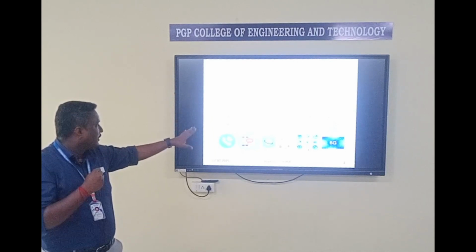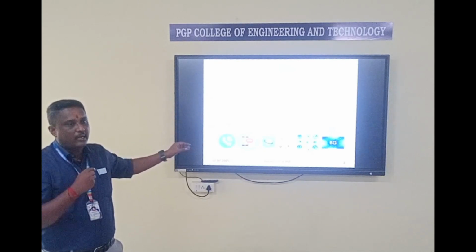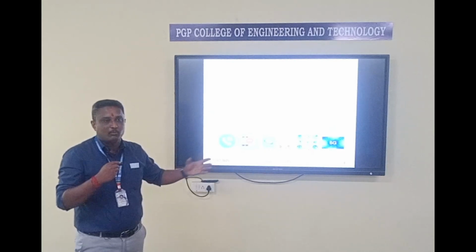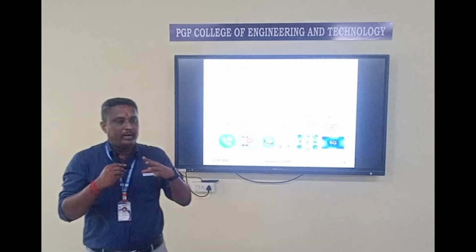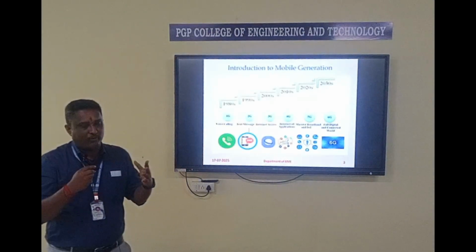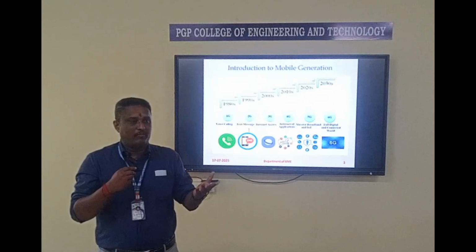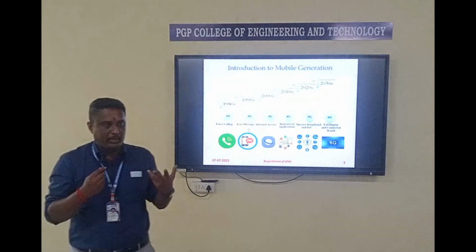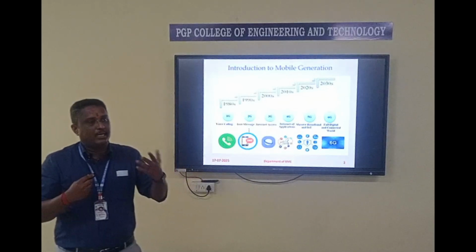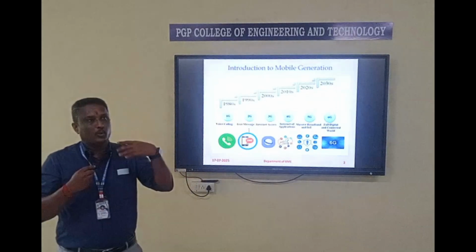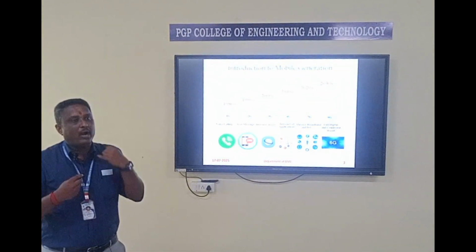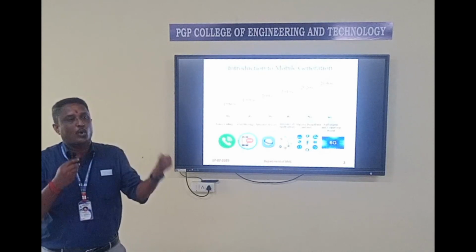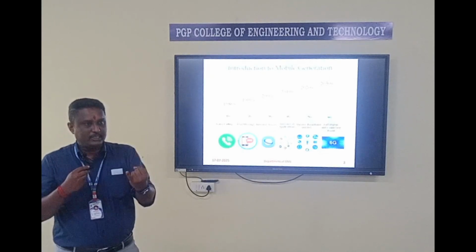Then after that, 4G technology was also introduced in 2010. That is for all internet applications. So at that time, what happened for the mobile companies? The mobile companies had to enhance the mobile phone. So what is needed for 4G technology? That requirement applied to all the mobile companies. The main thing is that huge storage capacity is needed for 4G technology.